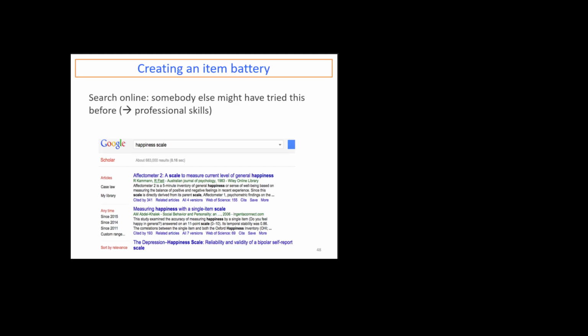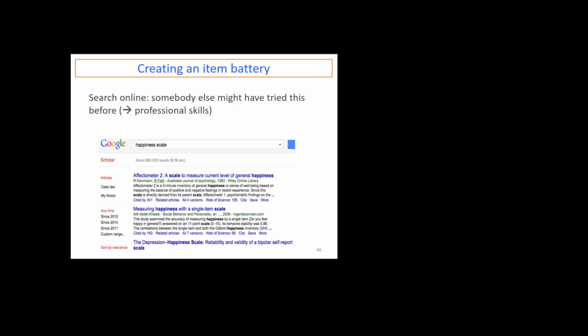Well, don't try to come up with your own skill, because there will be a lot of work to do that. You have to formulate items, you have to talk to experts, you have to validate your skill, you might want to test it again. So it's better to first check if someone else already developed the measurement construct that you want to use.